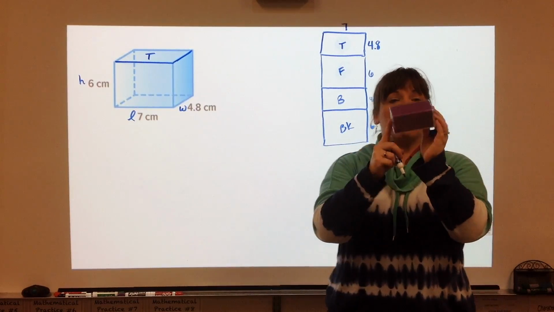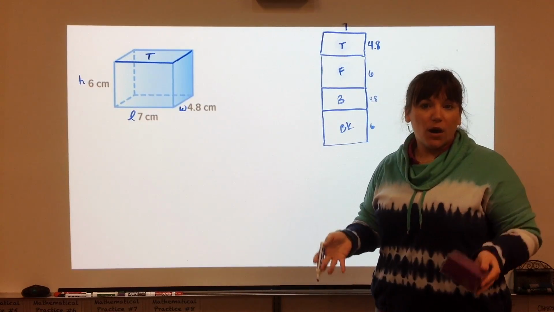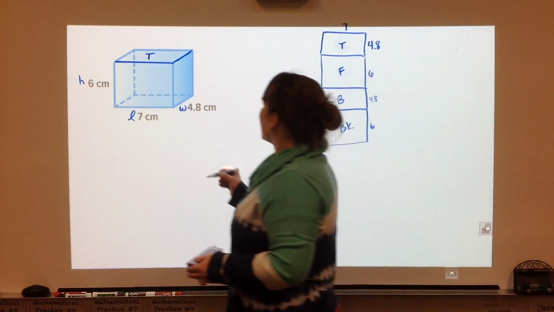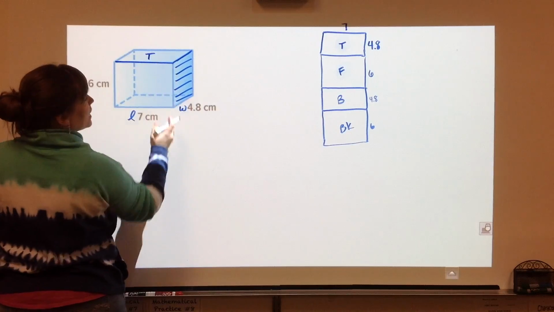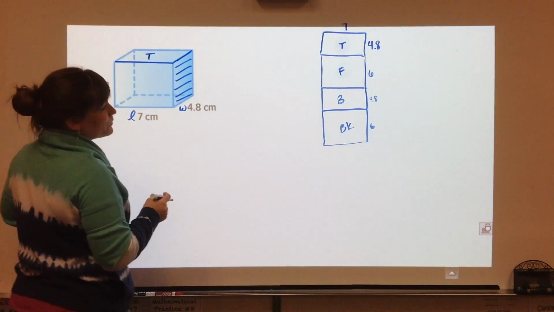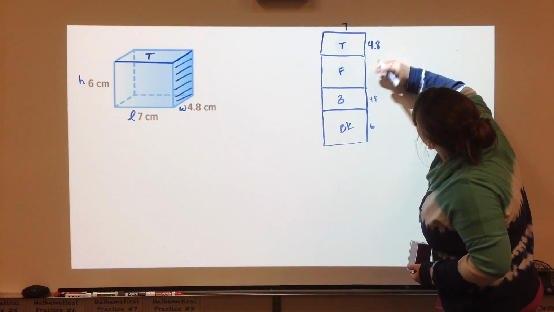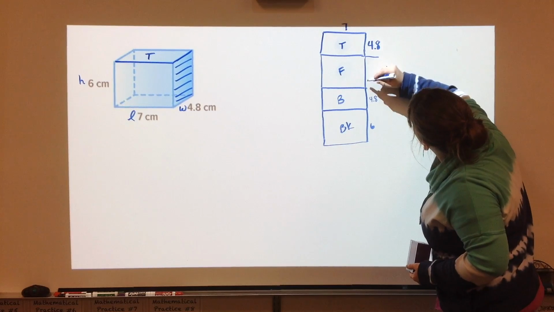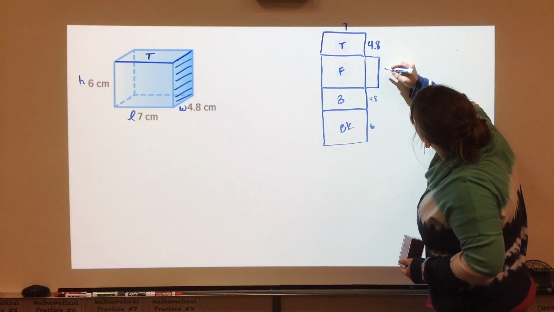Now all I gotta do is put my two sides somewhere along this column of rectangles. My side is going to be this part right here. It's the height of 6 and the width of 4.8. I'm going to choose to put, I'm going to erase this 6, two rectangles.